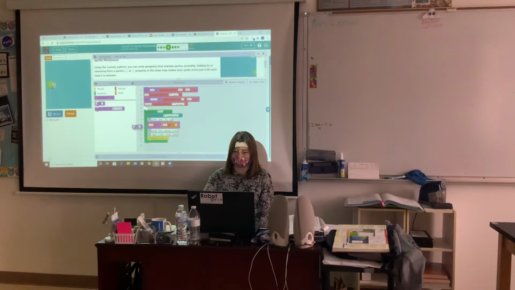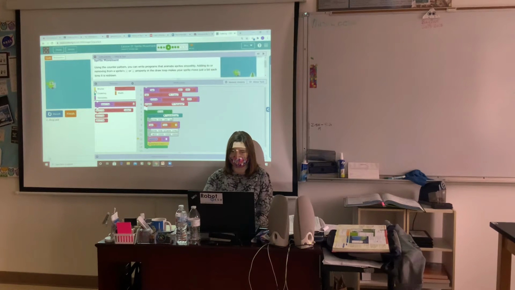I'd have to come over here and underneath these comments where it says move the plane over, add the purple for the variable. Then I need to add my sprite X or my sprite Y. In this case, it's the X direction.